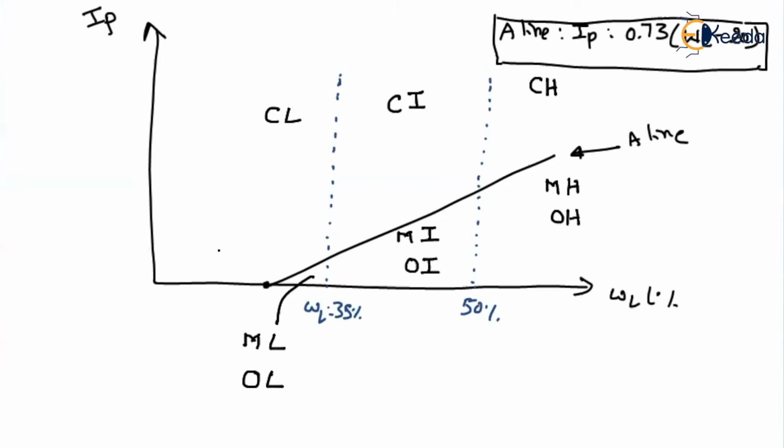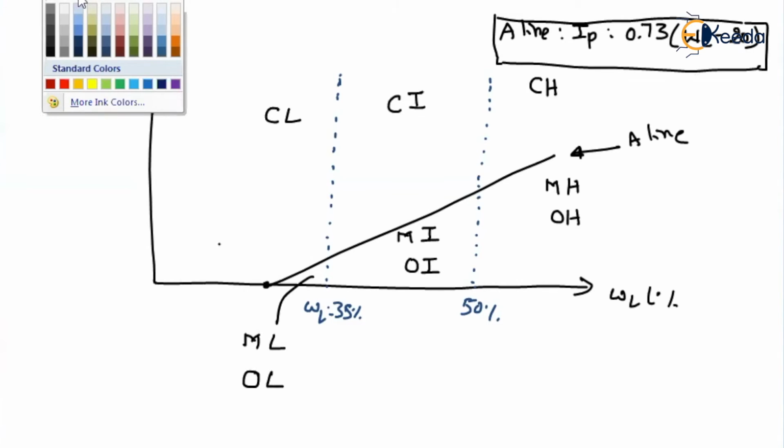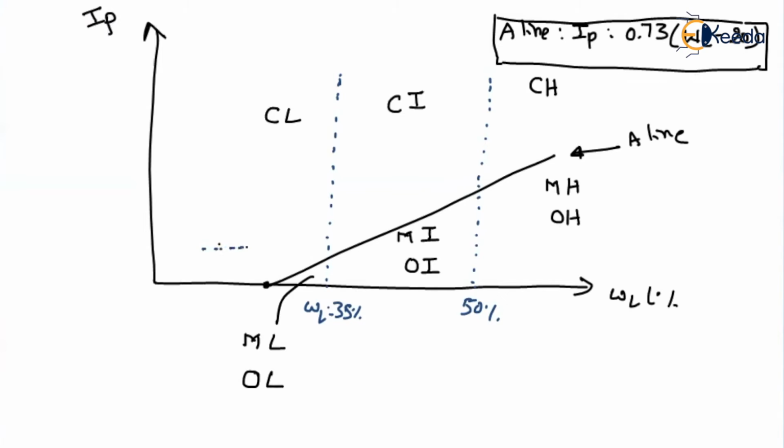But we are considering the limits as, let me draw like this. Once again, let me redraw them so that it can be clear. So the limit will be 4 to 7.